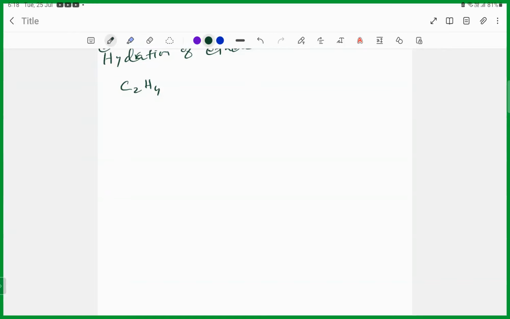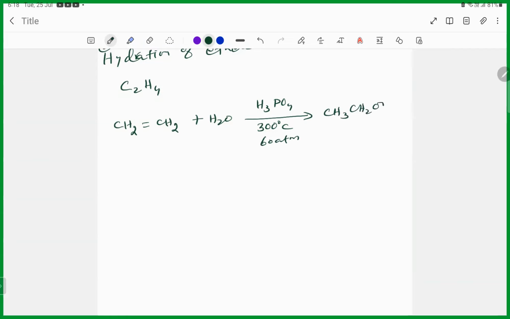The ethanol is directly produced in this reaction. So phosphoric acid is a catalyst. Ethylene CH2=CH2, when I add water in the presence of phosphoric acid at 300 degrees centigrade and 60 atmosphere pressure, will give ethanol, CH3CH2OH, ethyl alcohol.